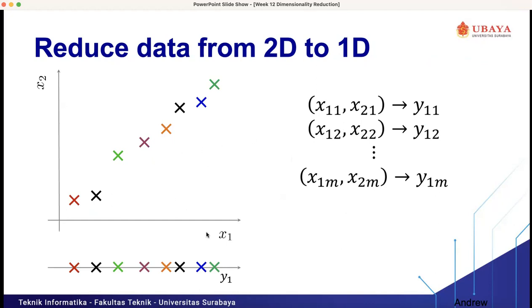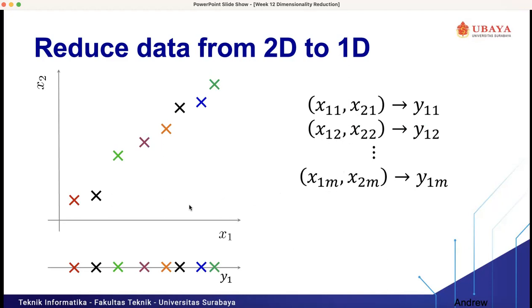For example, here we have X1 and X2. After we reduce the dimension of this data set, we will have a new feature, which is Y. Y11 is a new feature that represents the data at points X11 and X21. Y12 represents the data in X12 and X22, and so on.